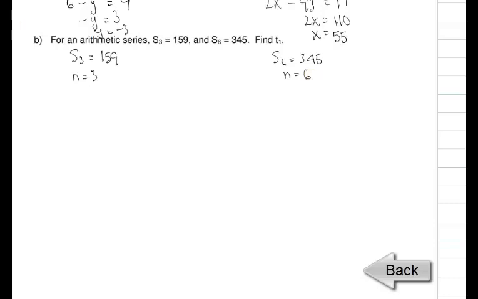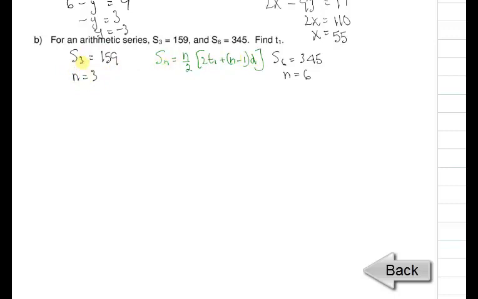Okay, the equation that we're going to use in order to solve this is S subscript n equals n divided by 2 times 2 times t1 plus n minus 1 times d. So we're going to start by plugging what we know on the left here into our formula.